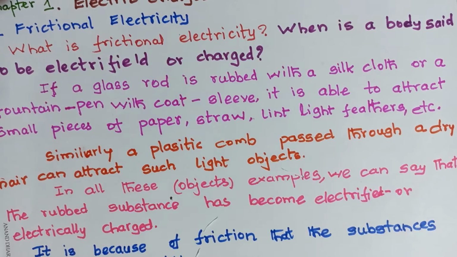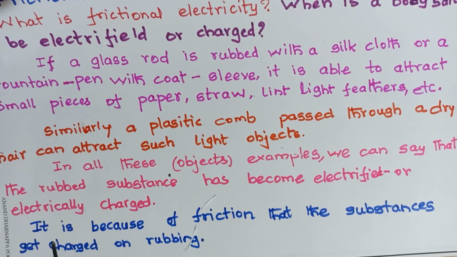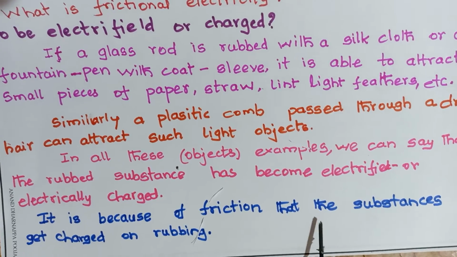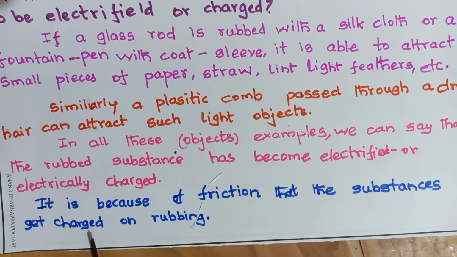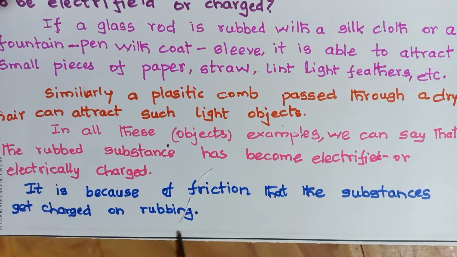So this is nothing but what happens when a comb is passed through dry hair. It is electrified. It is because of friction that the substances get charged on rubbing. The process is rubbing.